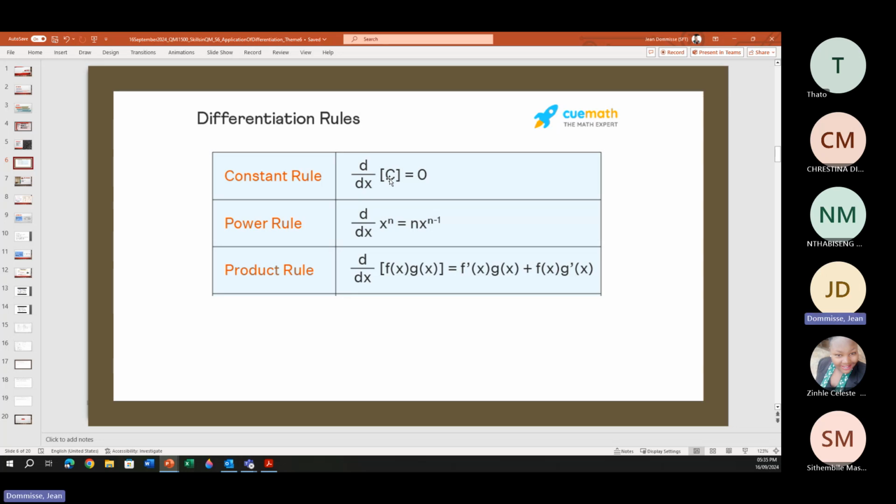I'll show you the power rule, how we will use that. And if needed, we will look at the product rule as well.